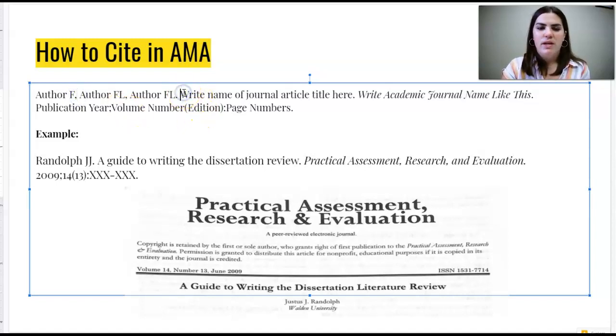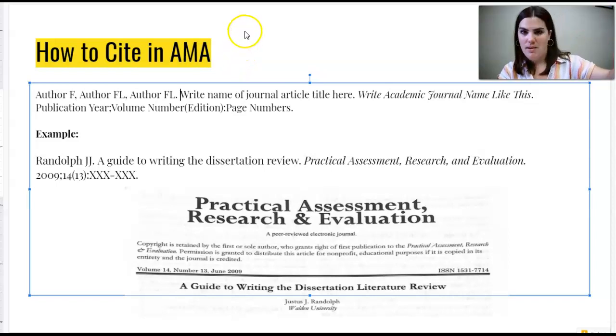The next thing that is written is the journal article title. Okay, so the journal article title and the academic journal name are two different things. So the journal article title is the title of the article, whereas the academic journal name is what that article is published in.